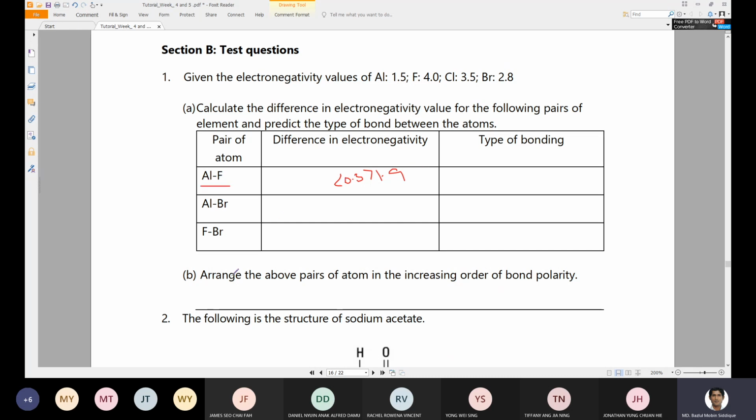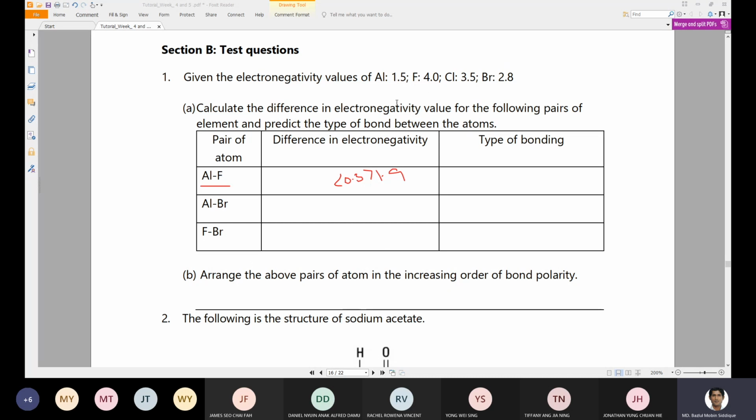So aluminium and fluorine, I don't have the value with me right now, but it depends on their structure whether it will be ionic or non-ionic bonding. I cannot write right now. Okay, I just checked: aluminium and fluorine is ionic bonding. Aluminium fluoride is ionic bonding because the difference is 2.5, and so on.